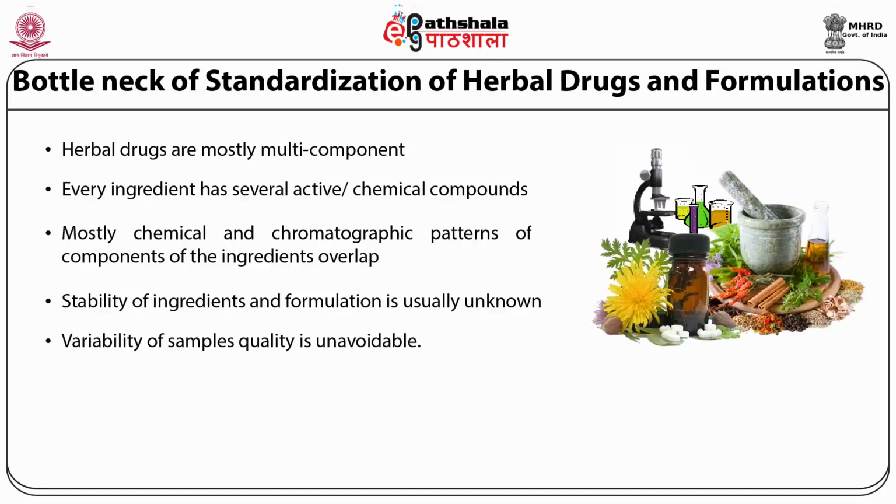The ingredients included in these herbal formulations routinely show variability. One batch of ingredients doesn't match another with respect to chemical composition. So this makes the job much more difficult.